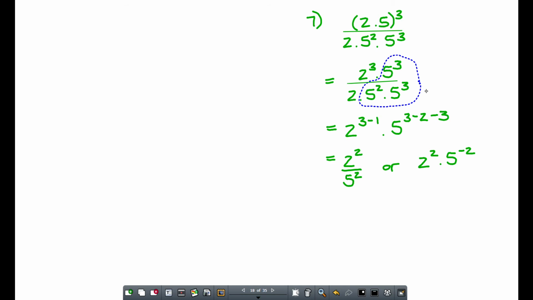And if I simplify that, you would get 2 to the power of 2 times 5 to the power of minus 2. But some of you might have kept it in the fraction form, which means it would be 2 to the power of 2 over 5 to the power of 2. Okay, so enige een van daai twee is reg.